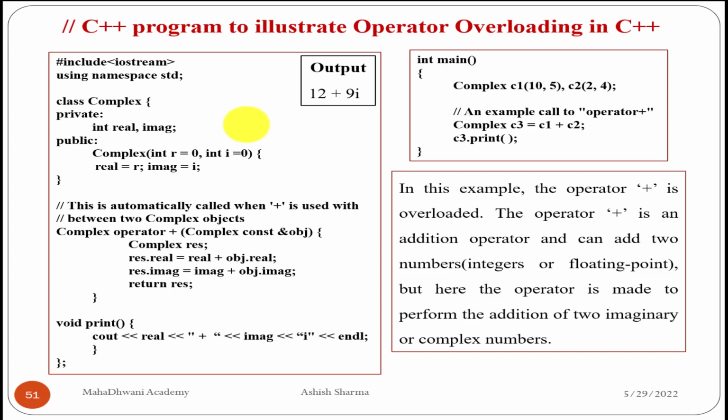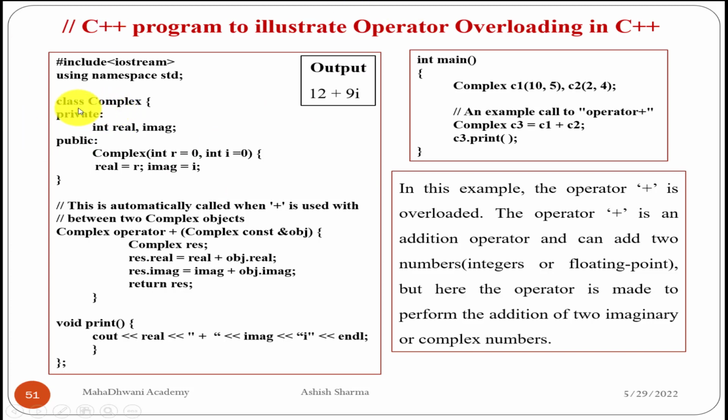Whenever we need to apply an addition on complex numbers, the real part will be added separately to the real part, and the imaginary part will be added separately to the imaginary part, and then both are combined, real and imaginary part. So this is the way to understand complex number addition, and it is a perfect and appropriate example for operator overloading.